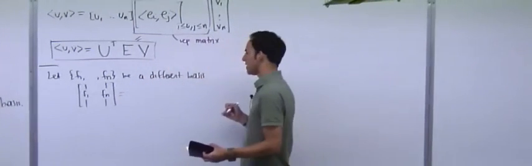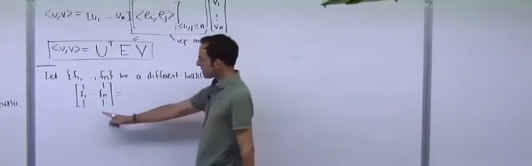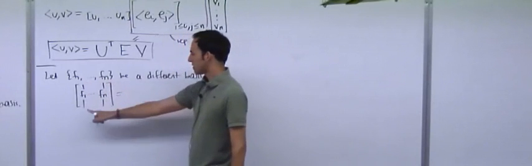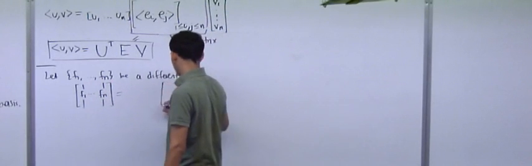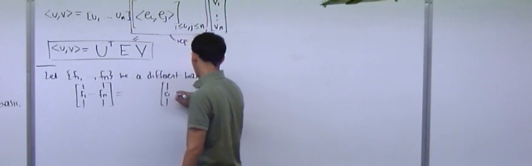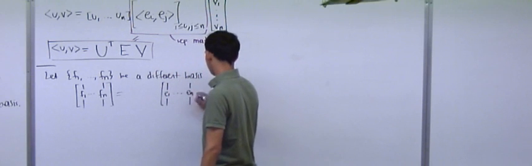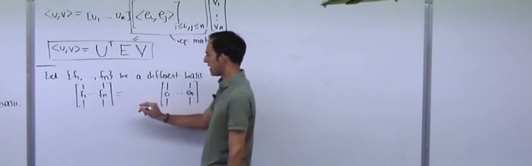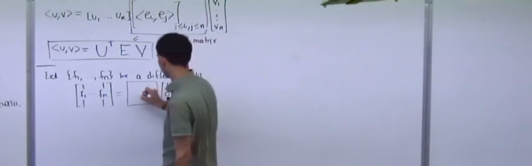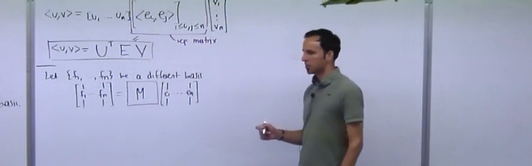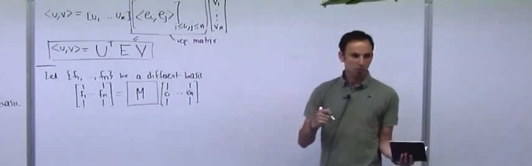The idea is, first of all, that if we make these bases the columns of a matrix, then we can write that in terms of the old basis by just multiplying by some matrix M. So this is called the transition matrix from one basis to the other basis. Okay?